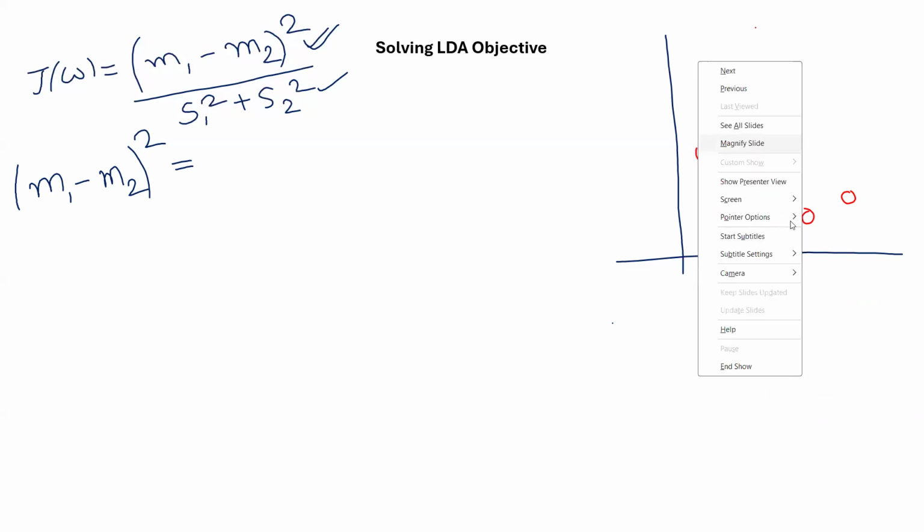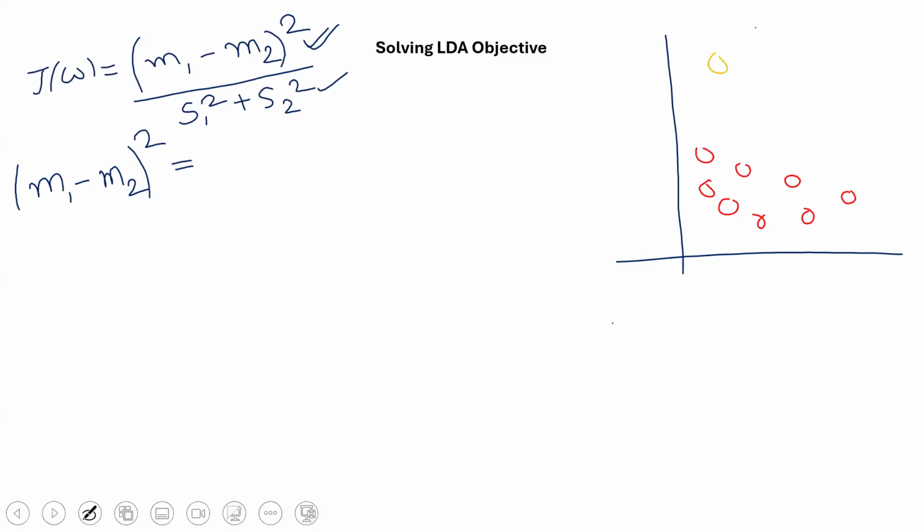So once you understand this objective function, you will find a few things, and the calculations will be much easier. The objective function is important. So this is category two.